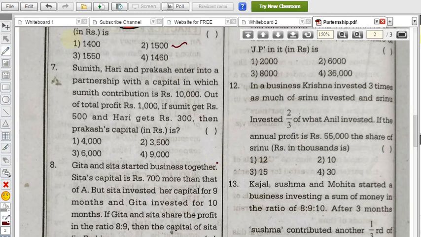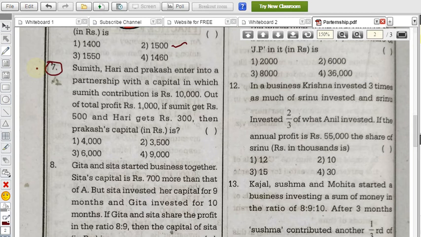Let's try one more. Sumit, Hari and Prakash enter into a partnership with a capital in which Sumit's contribution is 10,000. Out of the total profit of 1000, if Sumit gets 500 and Hari gets 300, then Prakash's capital is what?